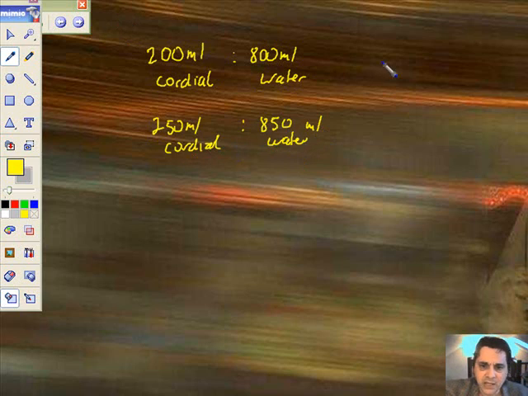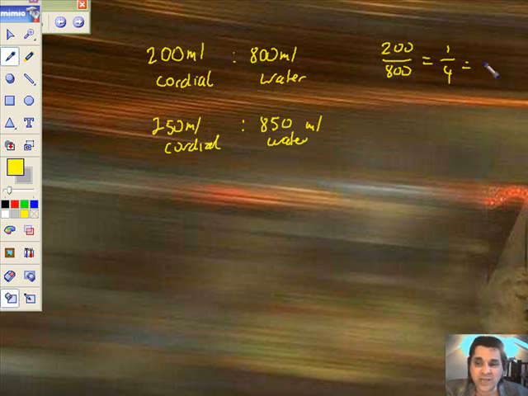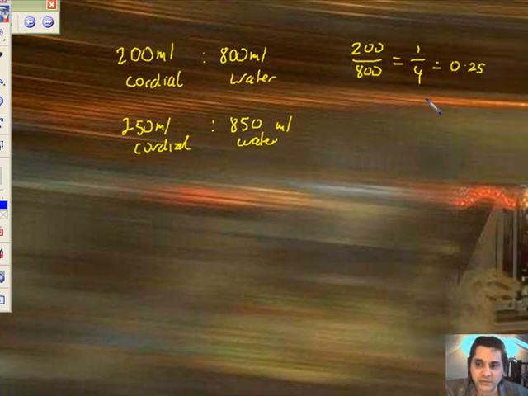As you can see, if I say 200 over 800, we can see what fraction the cordial is compared to the water. As you can see, that's a quarter of it. In other words, 0.25.